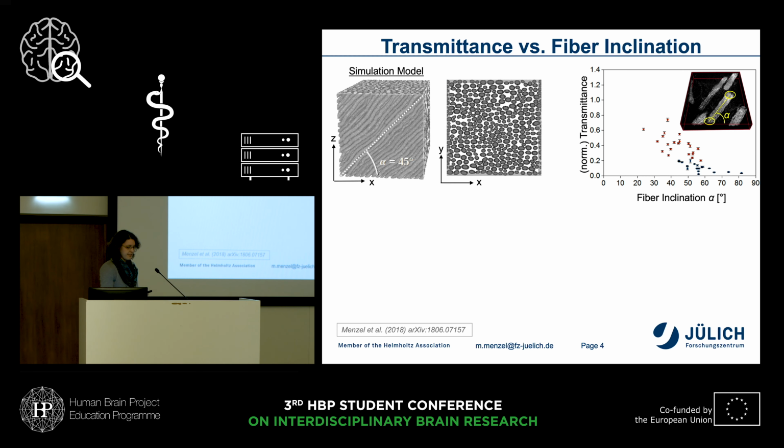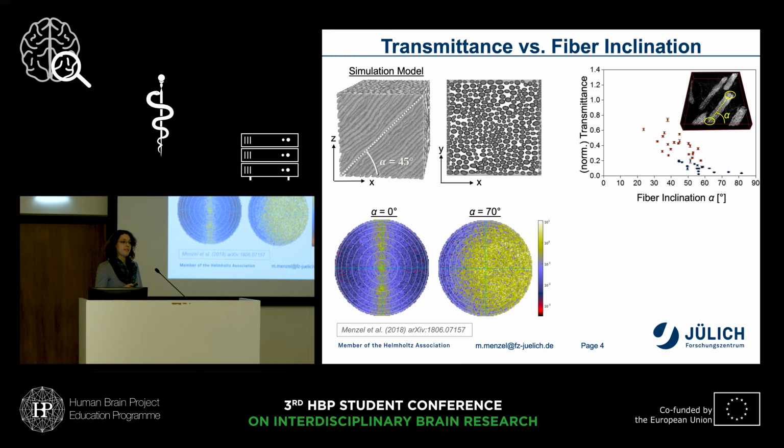And I could explain this effect when I simulated fiber bundles with different inclination angles. So I had a look at the scattering of the light, so how the light is scattered when it passes through the sample. And you see that the scattering increases with increasing inclination angle of the fibers.